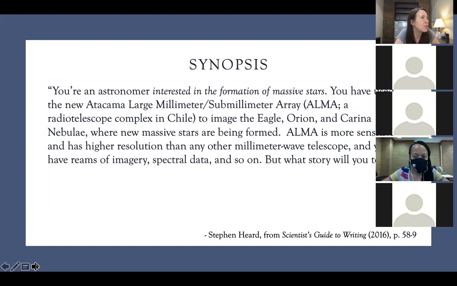You have used the new Atacama Large Millimeter/submillimeter Array to image the Eagle, Orion, and Carina nebulae, where new massive stars are being formed. ALMA is more sensitive and has higher resolution than any other millimeter wave telescope. And you have reams of imagery, spectral data, and so on. But what story will you tell?